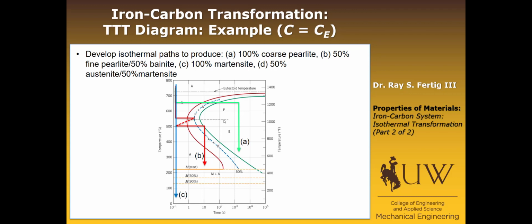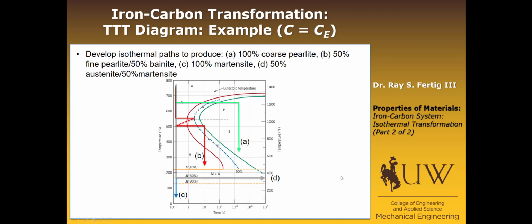The reason I chose an example of 50% austenite and 50% martensite is because it illustrates an important feature of martensite, which is that once it forms, it only matters what the temperature is. It doesn't matter how long it's there for. So if we want to form a 50-50 austenite martensite microstructure, we have to cool it to the 50% martensite line, which exists at about, let's say, 175 degrees C, and we have to hold there indefinitely.